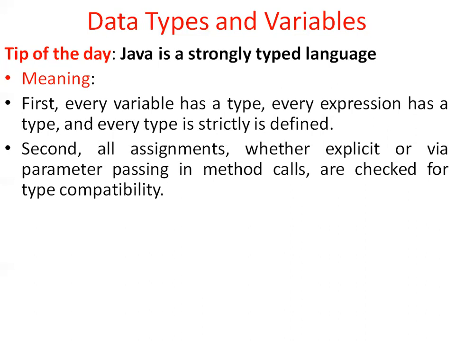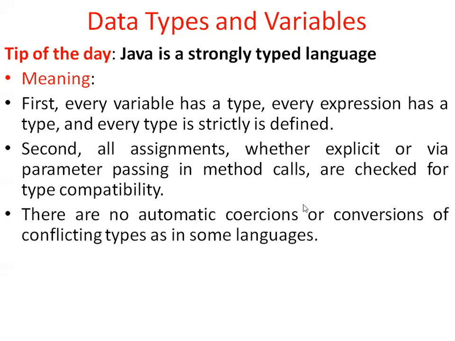And if you are trying to assign a wrong data type or wrong value to a variable which is of another data type, then immediately Java reports an error. Both should match. That's why it is called a strongly typed language. Then there are no automatic conversions or coercions of conflicting types.